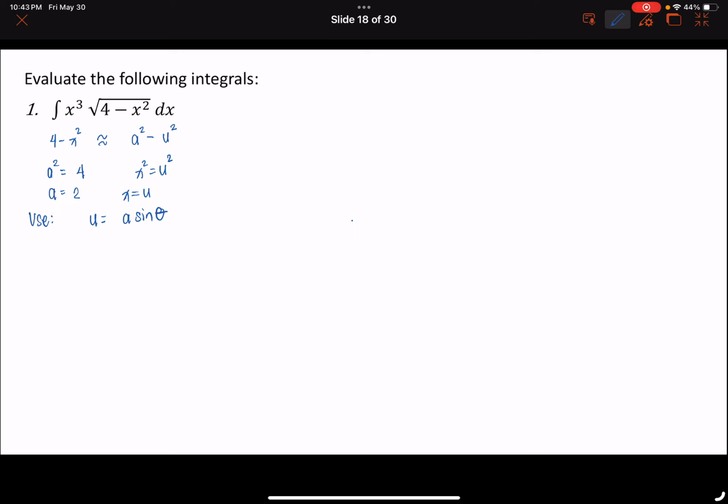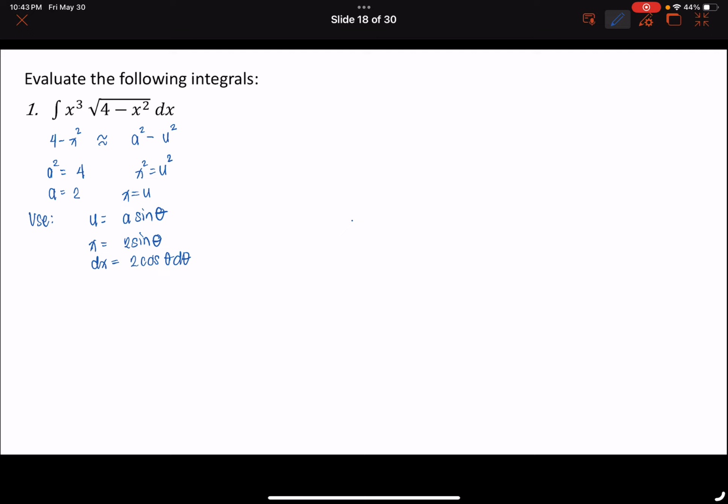So we have x equal to 2 sine theta. From that, we can also have its derivative, dx equal to 2 cosine theta d theta.